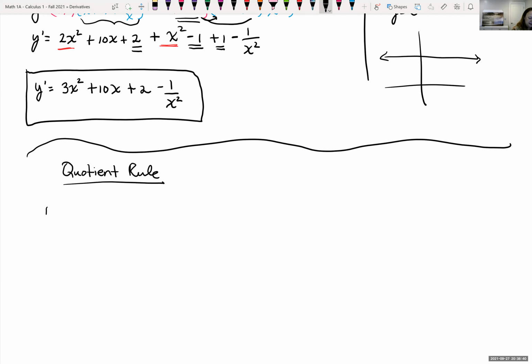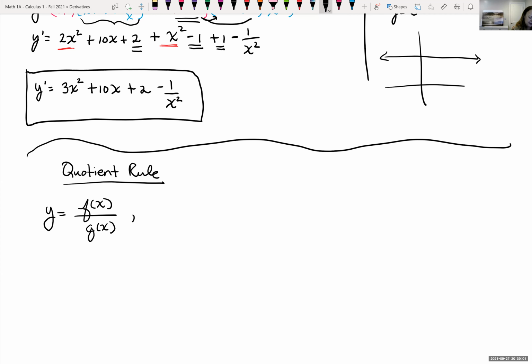And so this is if we have y equals some function on top, f of x, all divided by some function in the denominator, g of x. And so if we were trying to derive this formula, we'd have to look at it the long way.